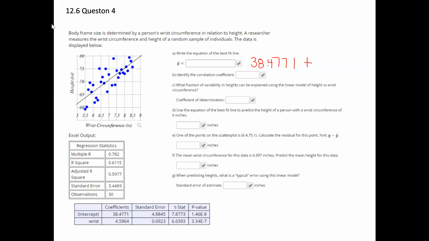So the slope is 4.5964 times x. That is your regression equation.